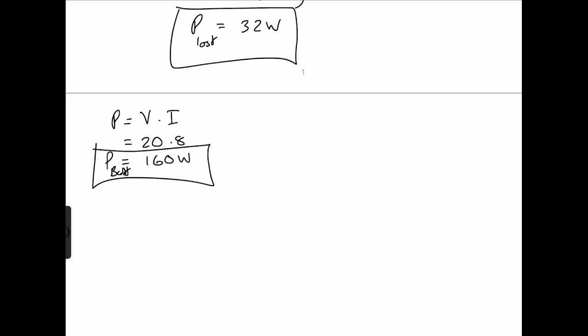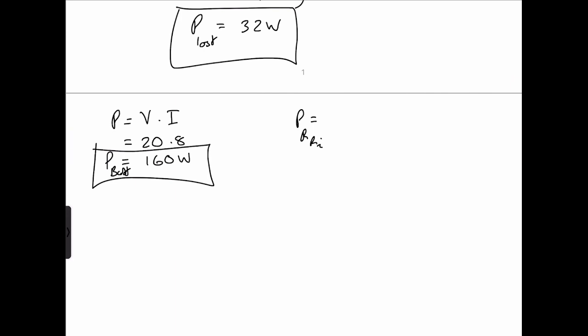We can then, as we just said, calculate the power consumed by the Ri resistor, which is the power lost. So that would be P_Ri, the power loss caused by the internal resistance.